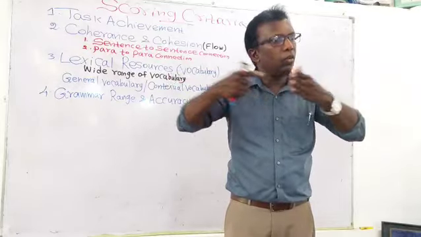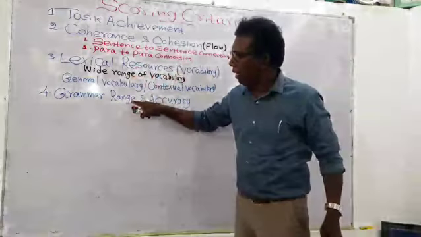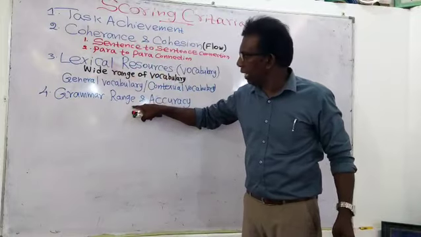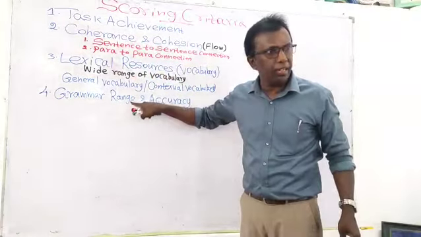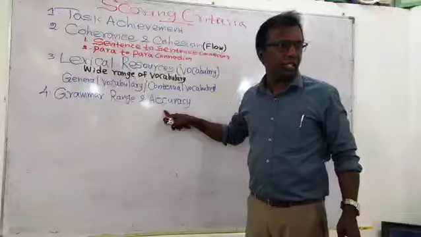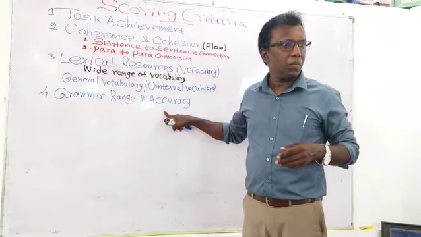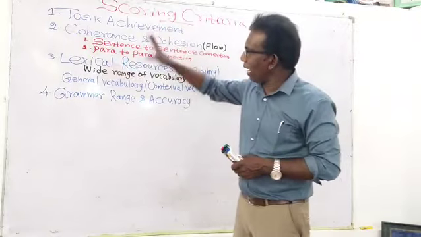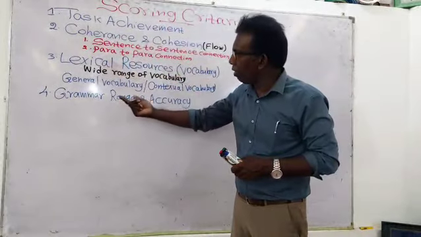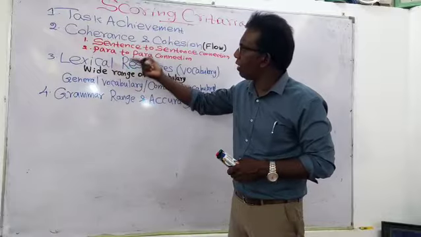Likewise, whether you are using a wide range of grammar and accuracy, that is the fourth criteria. By looking at these four criteria, can you see any difference of this fourth criteria compared to first, second and third?